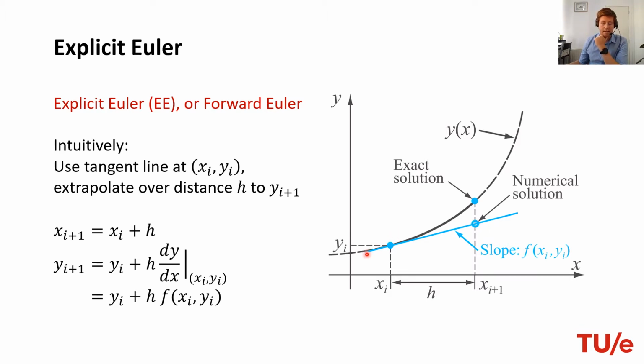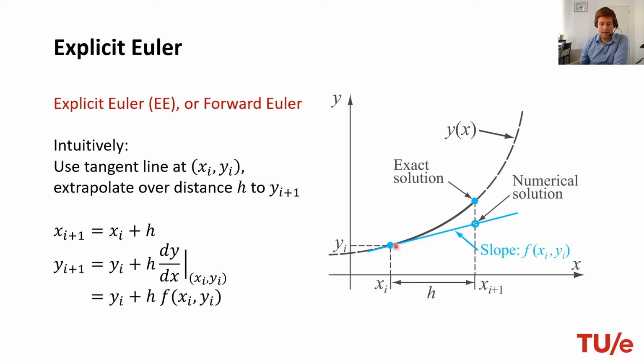Now this tangent line can easily be evaluated because this tangent line has a slope of dy/dx, so the first derivative of our function y. And in a first order initial value problem, this first derivative is simply given by the right-hand side of your ordinary differential equation. So that's simply the function f evaluated at the point xi and yi.